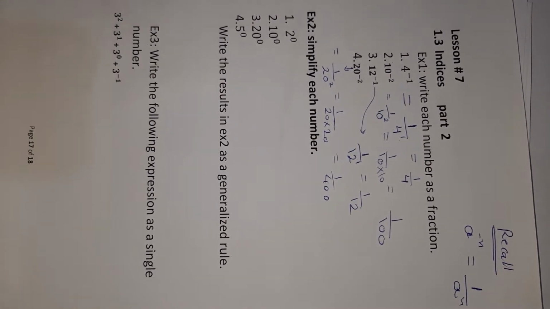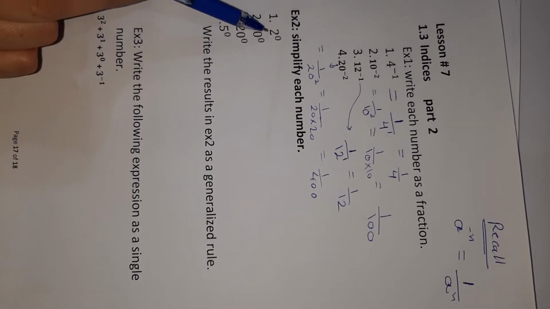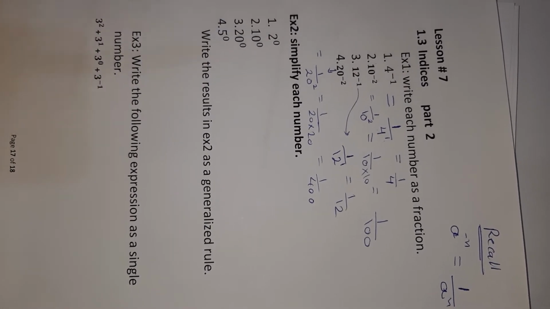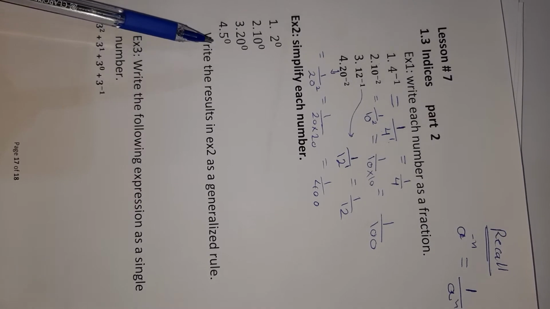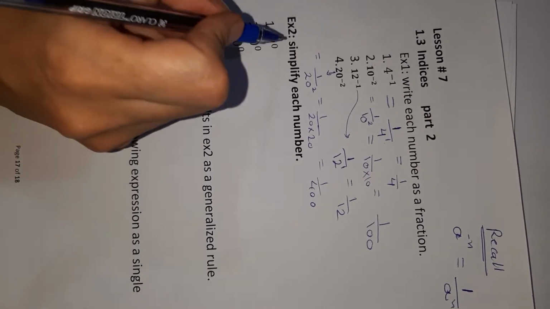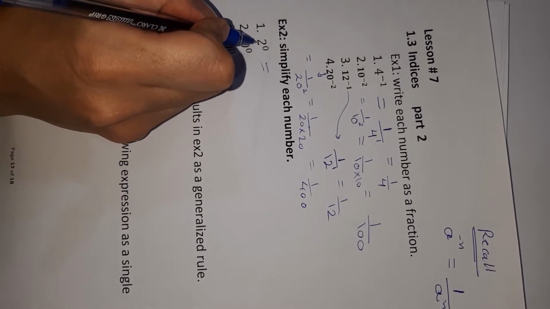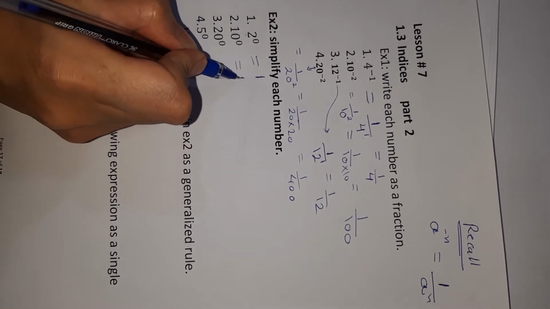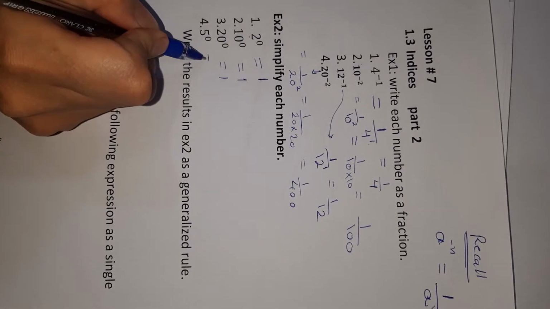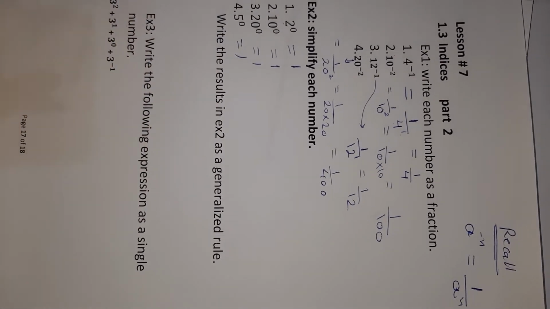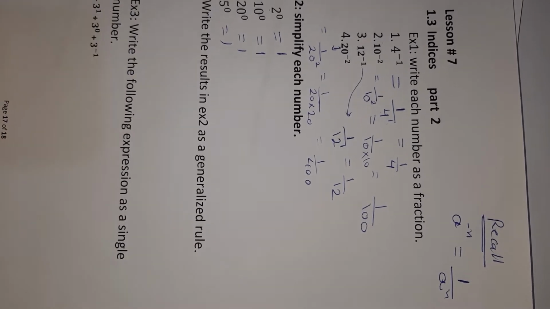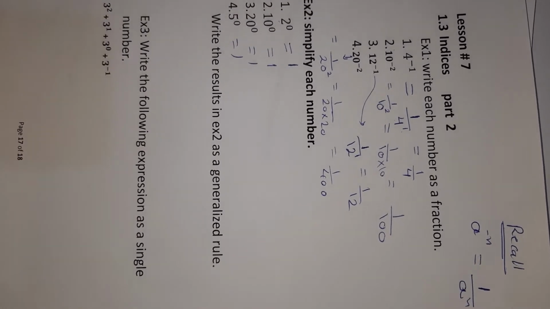Now, simplify each number: 2 to the power of 0, 10 to the power of 0, 20 to the power of 0, 50 to the power of 0. 2 to the power of 0 equals 1. 10 to the power of 0 equals 1, and so on, each equals 1. Here the question is, write the results in exercise 2 as a generalized rule. We took it yesterday.